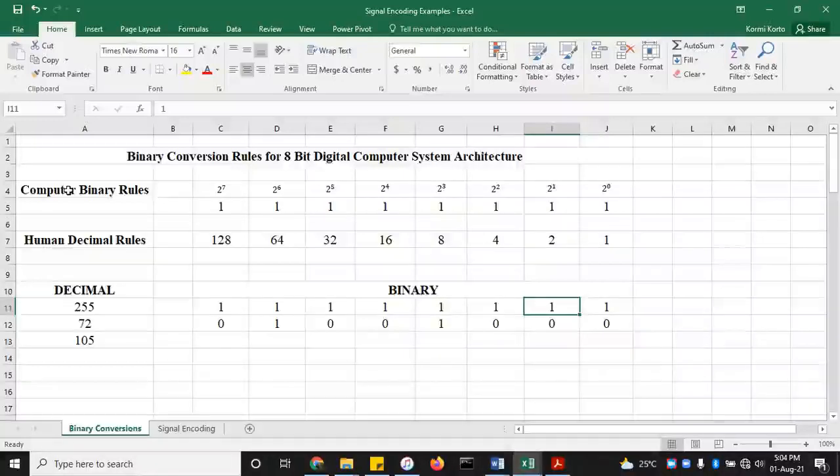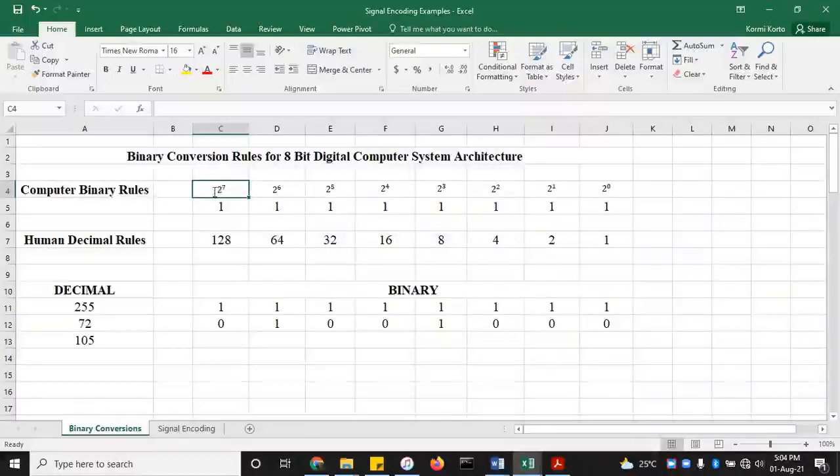If you look at the superscripts of these numbers at the top, you notice that it starts from 0, 1, 2, 3, 4, 5, 6, 7.